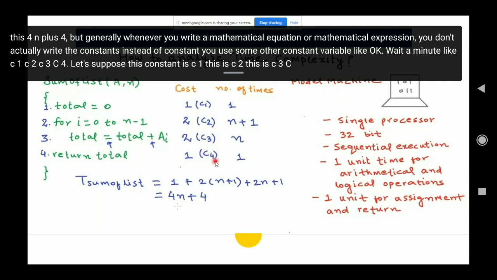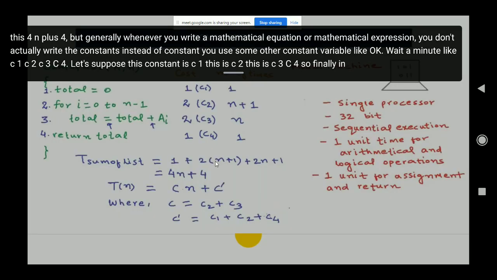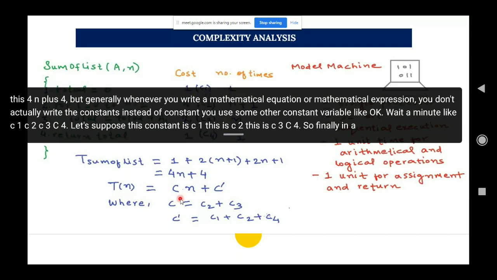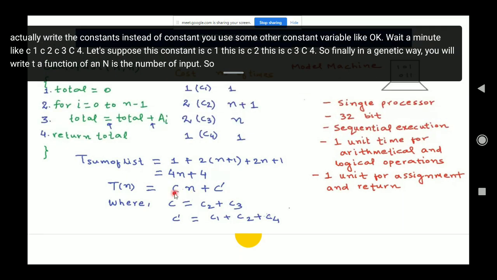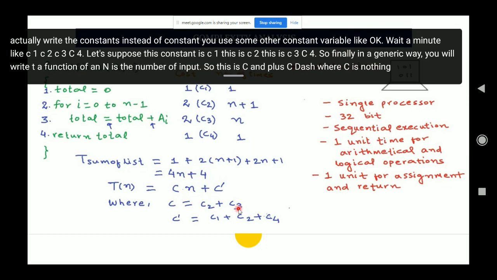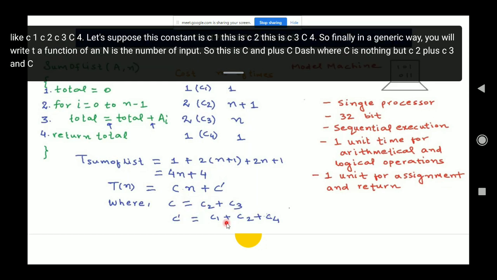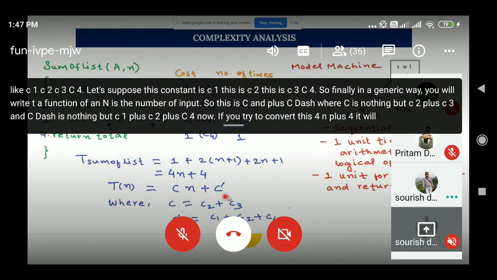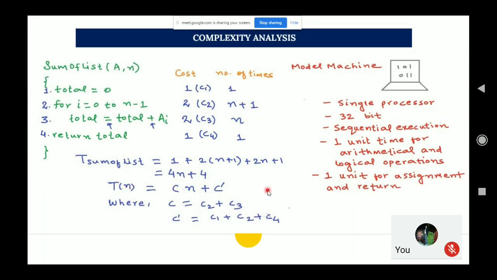So finally, in a generic way, you will write T of n, where n is the number of inputs, is Cn plus C dash, where C is nothing but C2 plus C3 and C dash is nothing but C1 plus C2 plus C4. If you convert this 4n plus 4, it will come down to this expression. So this is the way you solve the running time of an algorithm.